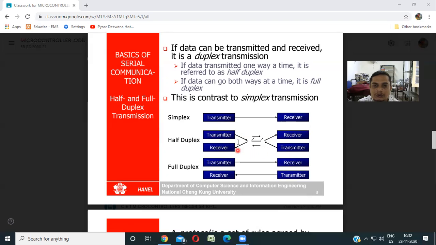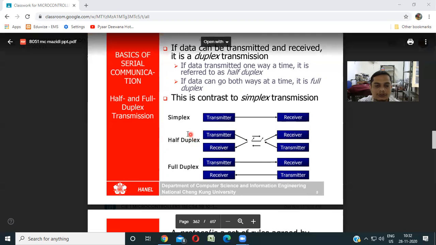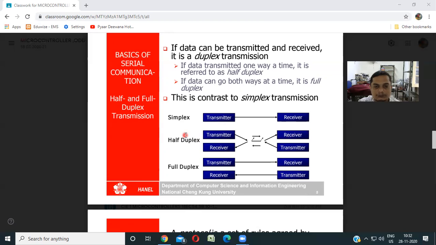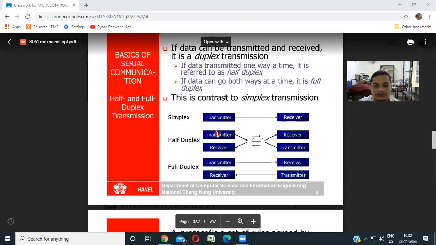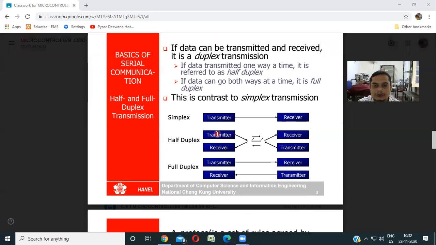This technique is called half duplex. Remember, there is no simultaneous transmission of data in the two directions. An example of this type of communication is the walkie-talkie used by defense people and police personnel. You might have seen walkie-talkies.